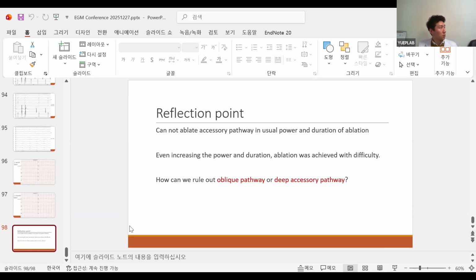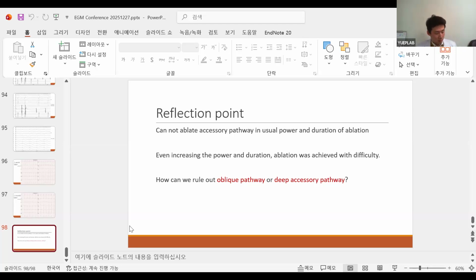By changing the way of propagation, we can map the oblique pathway and make the interval between the A and V potentials a little bit longer. And for deep accessory pathways, I don't have a clear answer.